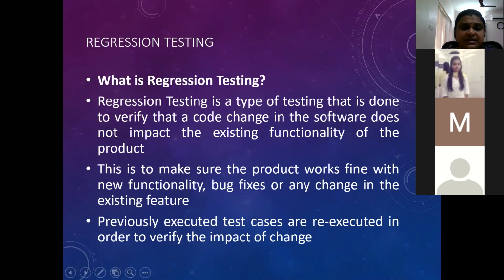This is a type of testing where you see what all could be the possible changes that happen on the software end. Why would somebody even touch that code? What could be the possible changes? One could be a requirements change.